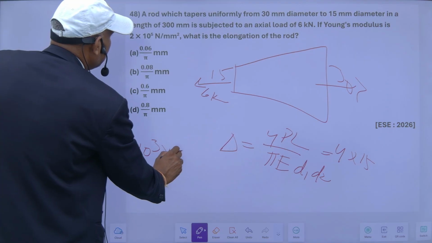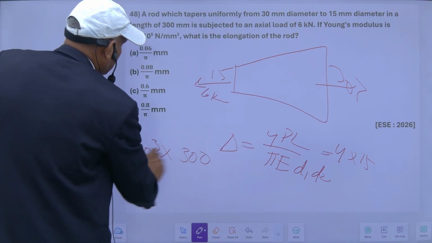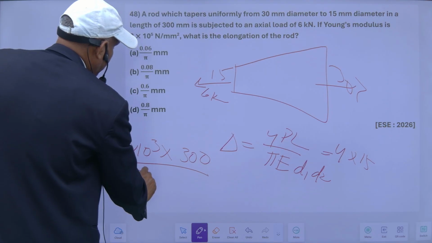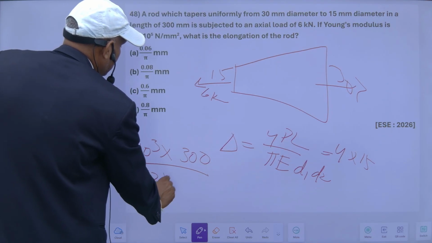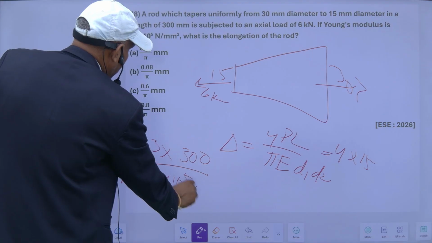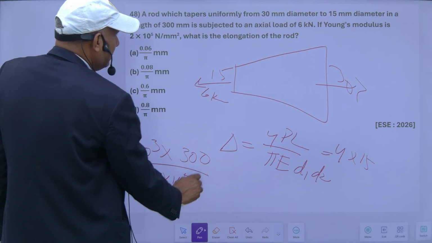Length is 300 upon pi into E, and d1 d2.